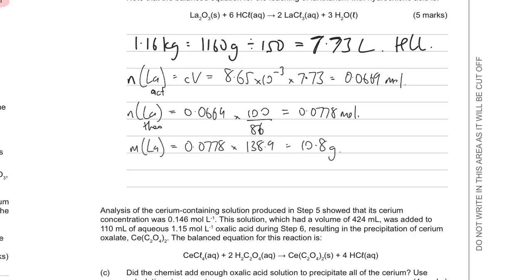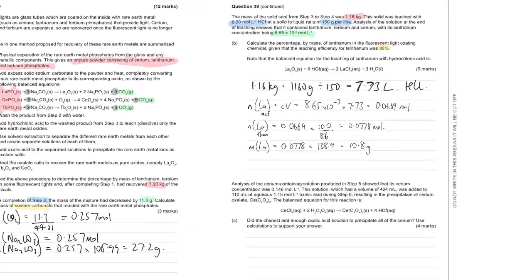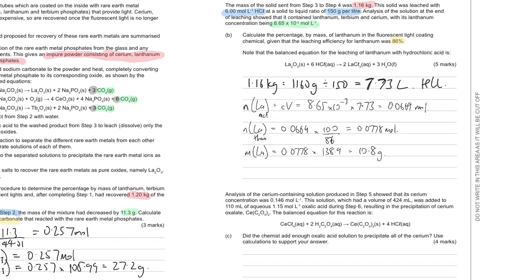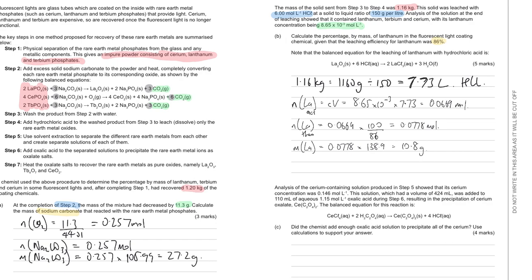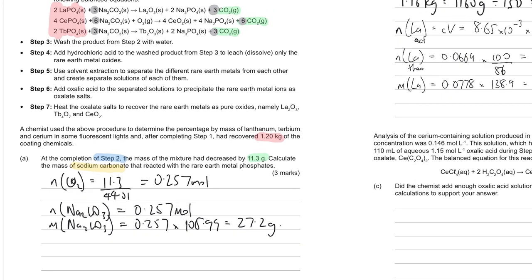Okay, so now that I've gotten rid of him, now we can remember that we are trying to get, what am I asking for? Calculate the percentage by mass of lanthanum in the fluorescent light coating, which is like the whole mixture of everything, right? That whole mixture of everything was all the way back here as 1.2 kilograms of coating chemicals.